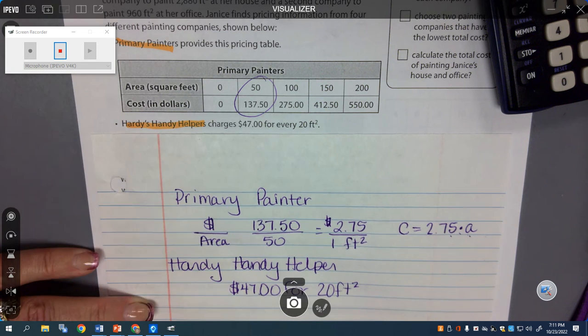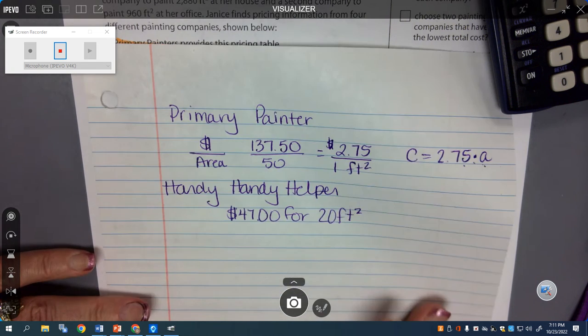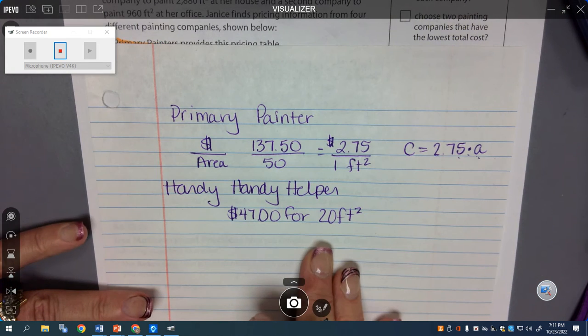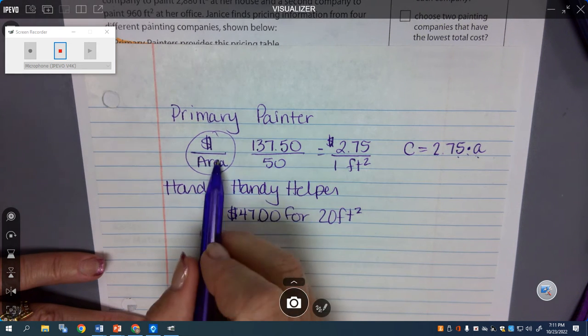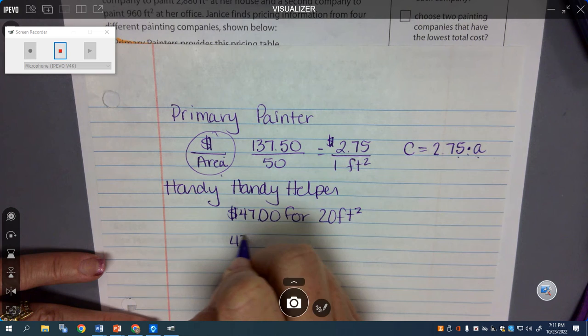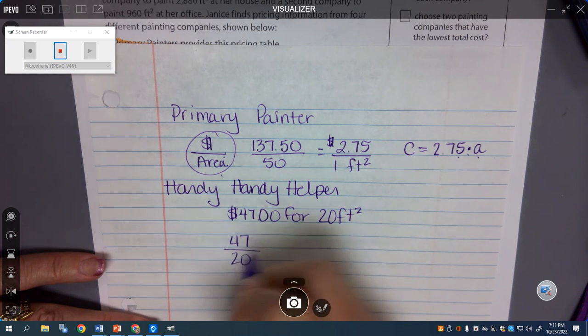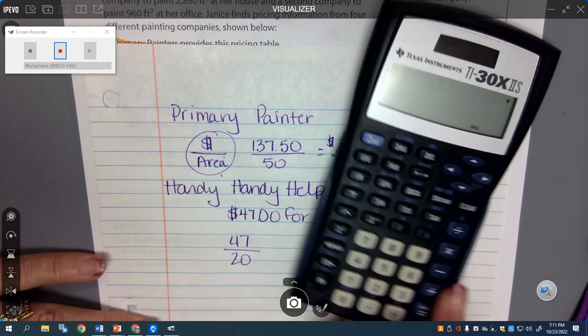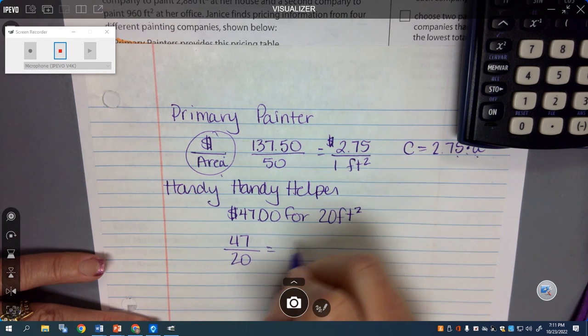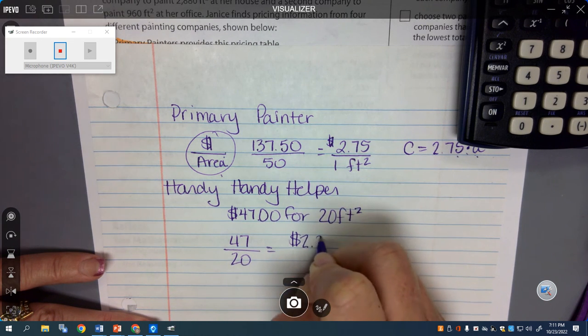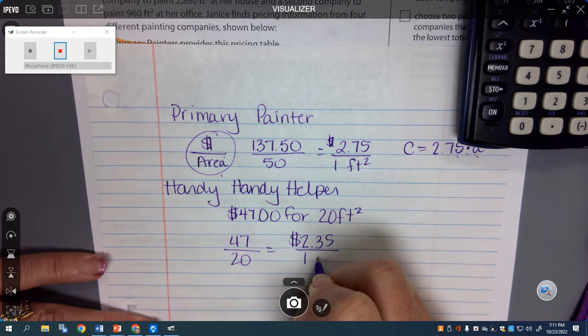So how do we find the unit rate for this? Well, it's still the same thing: money over area. So it's 47 over 20. Let's divide that and see what we get. 47 divided by 20 comes out to be $2.35 for 1 square foot.